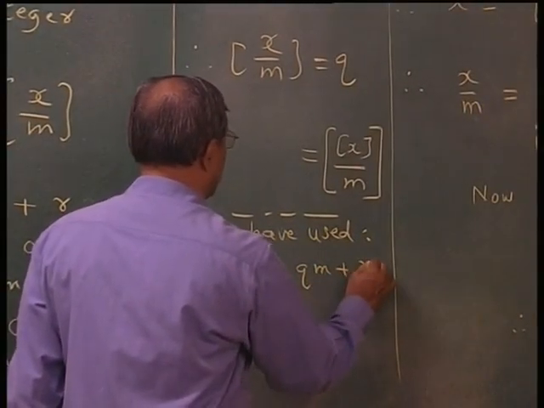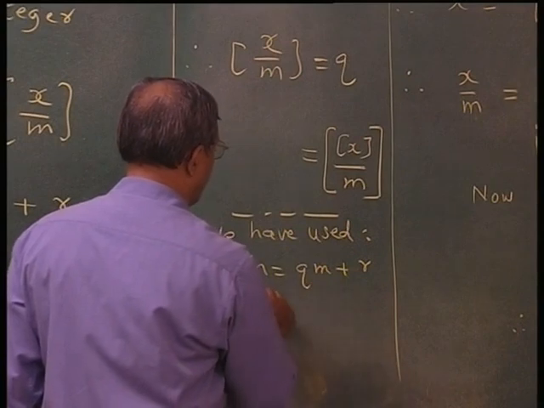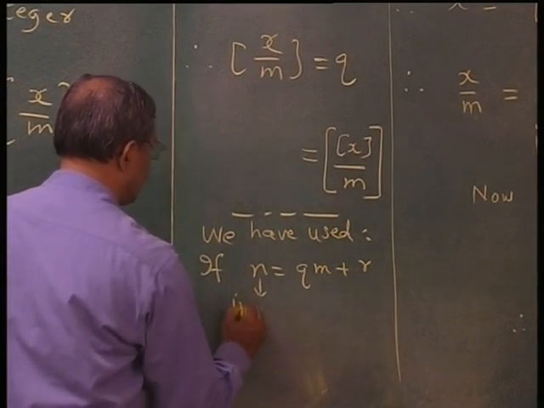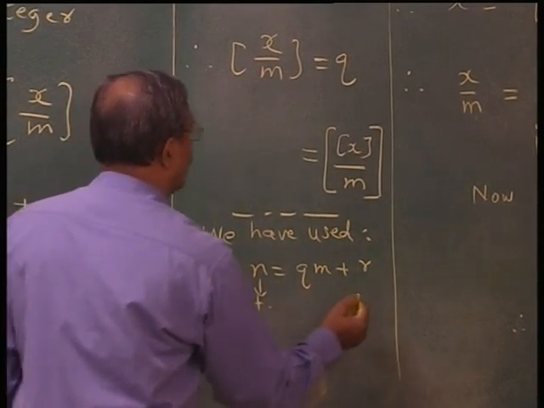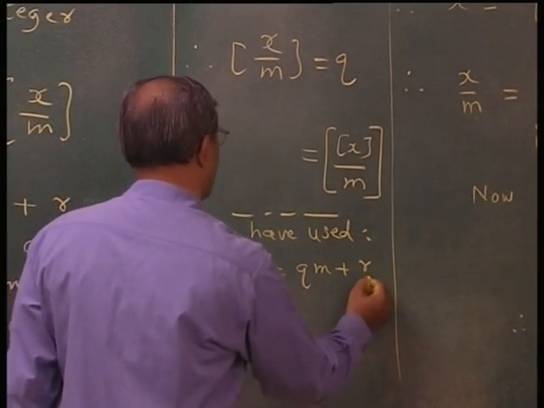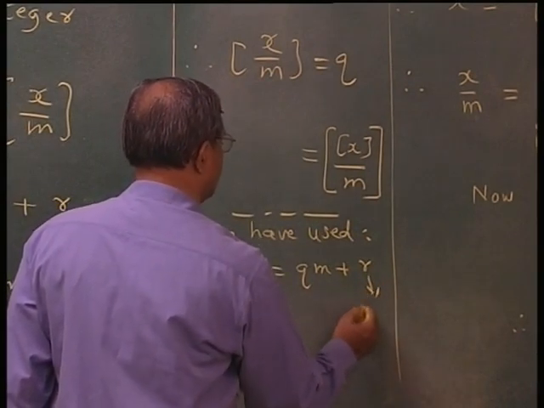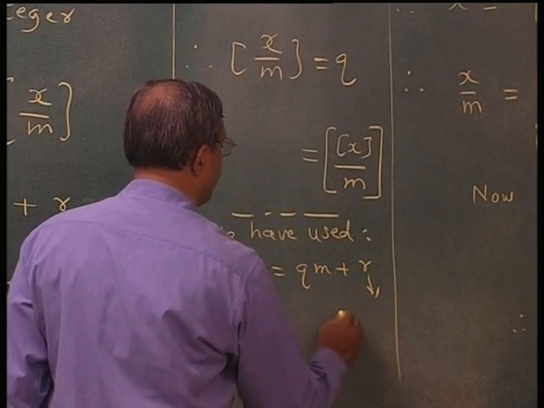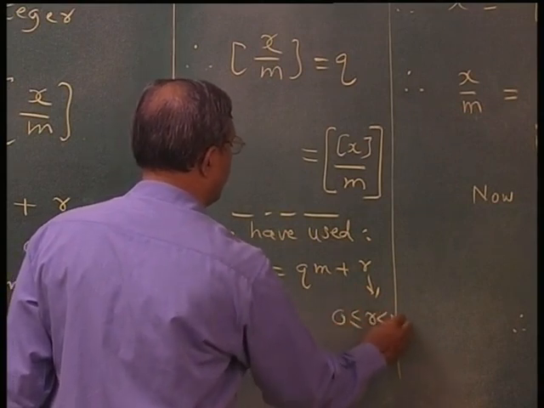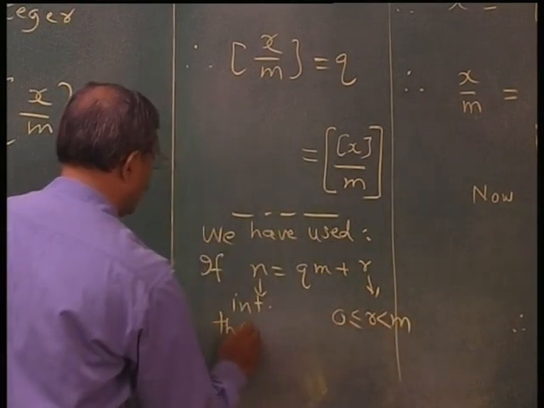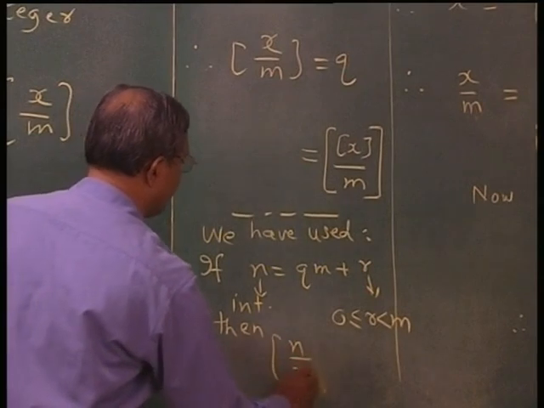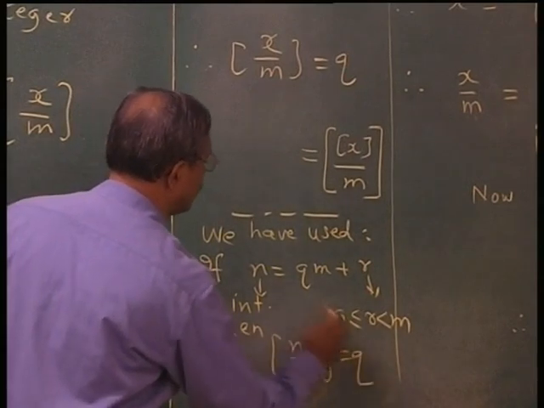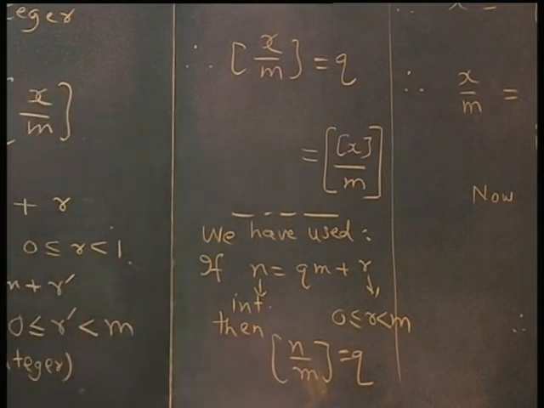So if n equals q times m plus r, where n is an integer and r is between 0 and m, then what is the integral part of n by m? That's equal to this quotient.